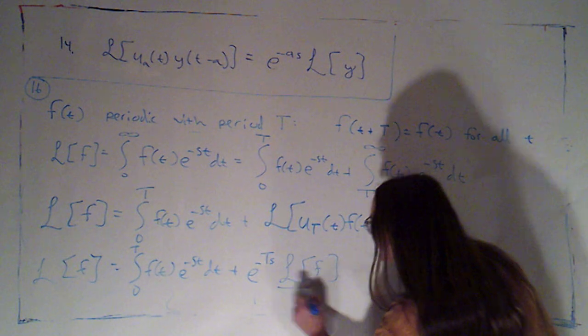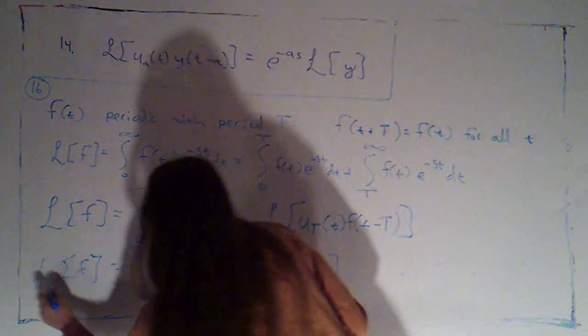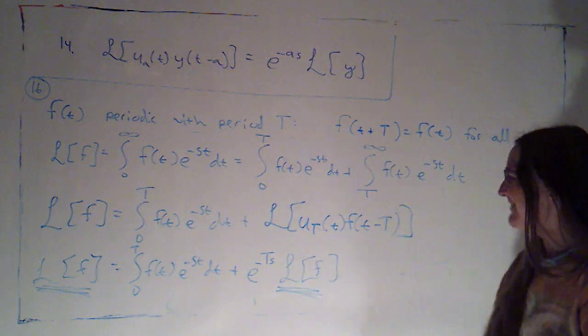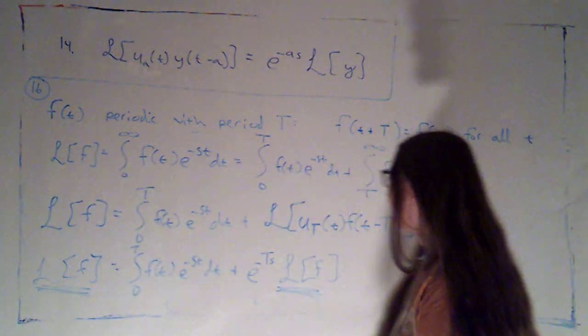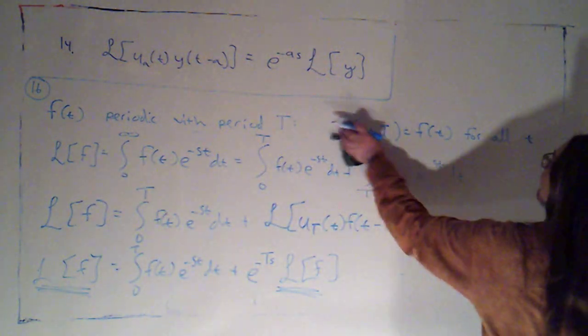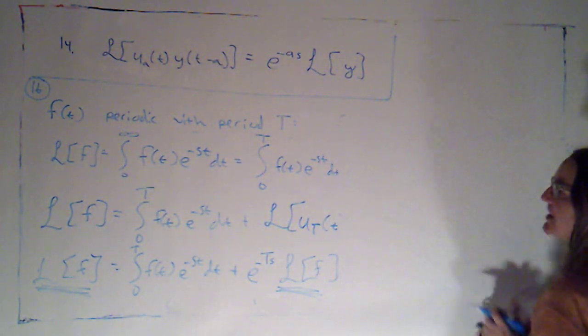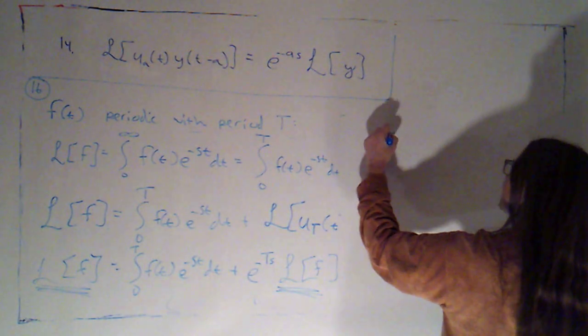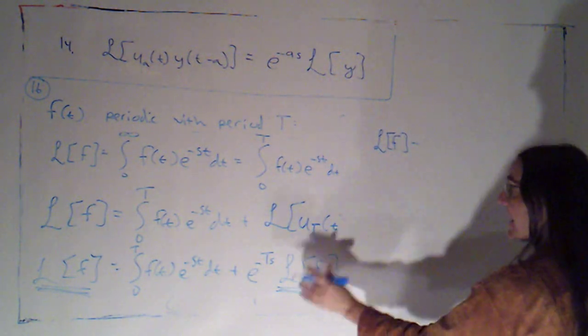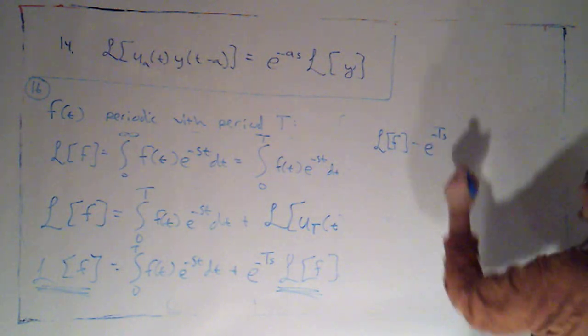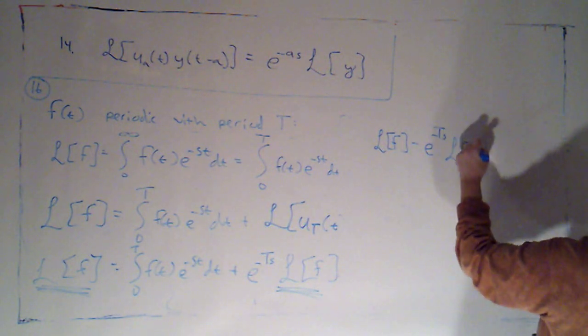Okay, notice this is what I'm trying to solve for, and it shows up twice in my equation, once on the left side and once on the right. I'm just going to subtract these pieces over. So if I do that, I get the Laplace transform of f minus e to the negative Ts times the Laplace transform of f.